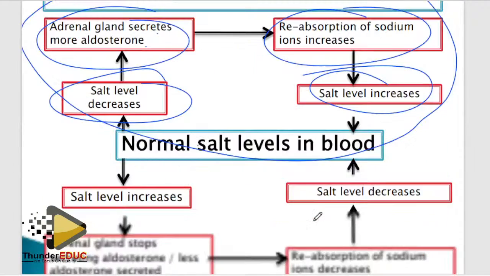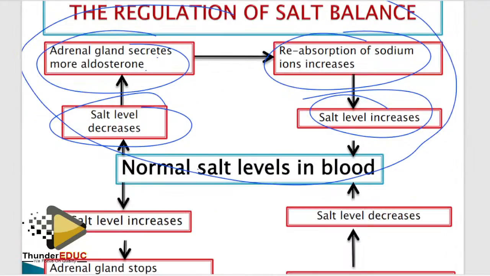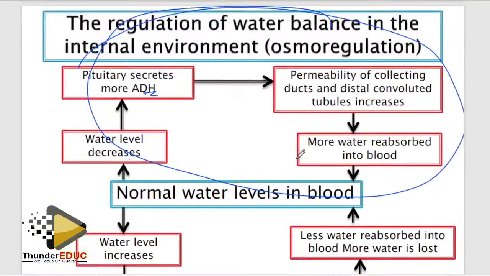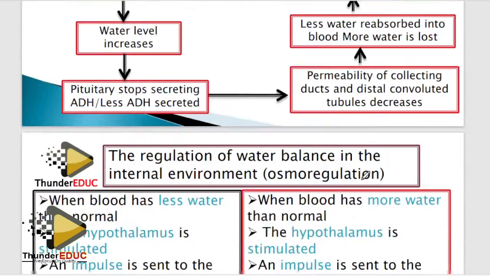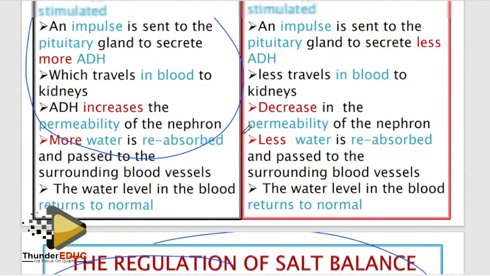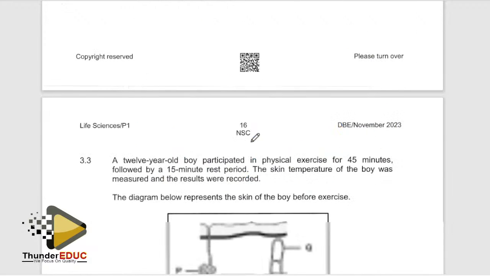The way you explain it is fine, as long as you talked about the key points. If you check here, the key points are also indicated. So I hope you got those marks.